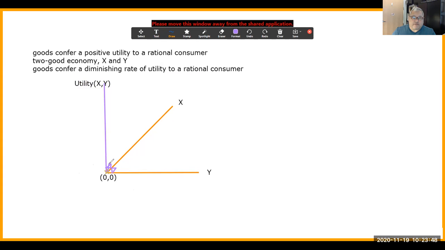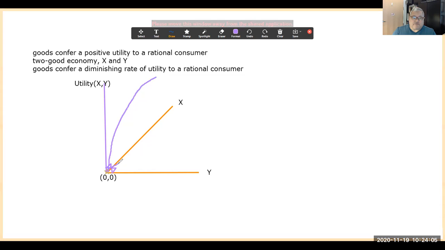So if we move around the plane between utility and X, the more utility, but at a diminishing rate. So notice how this line is going up, but it's going up at an ever decreasing angle. If we do a trace of the plane between utility and Y, the same thing happens. Utility keeps increasing, but at a decreasing rate.